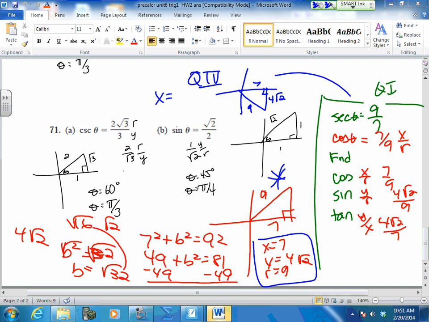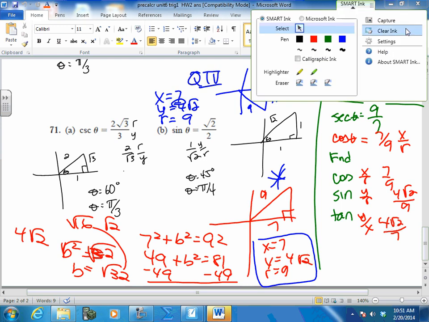Very good. My x is positive. My y is negative. And my r is always positive. So now my sine is going to be negative. My sine and my tangent will change. My tangent will be negative divided by a positive. And that's the only difference. I'm moving that to another quadrant.